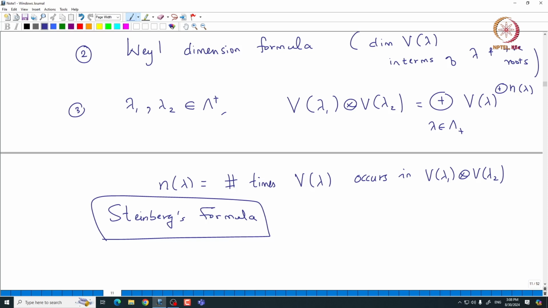Later we will also see something called the Littlewood Richardson rule, which is again a combinatorial rule that tells you how to compute these Littlewood Richardson coefficients, which are these n of lambdas. That is the ultimate goal of this course. After that we will stop the course.